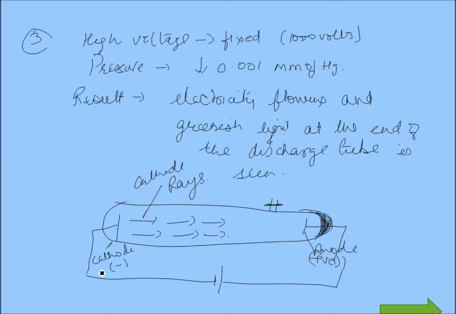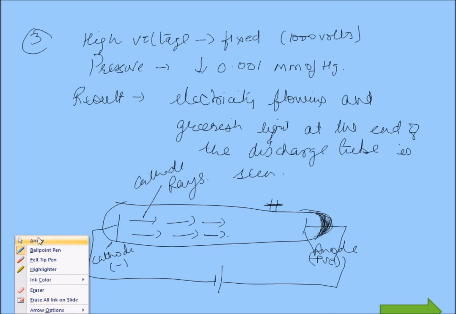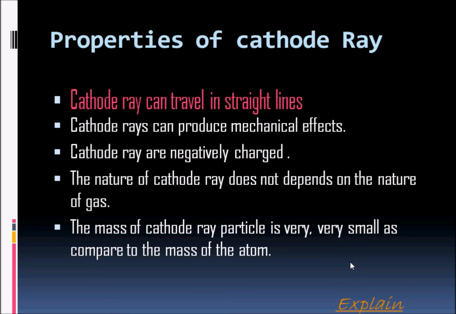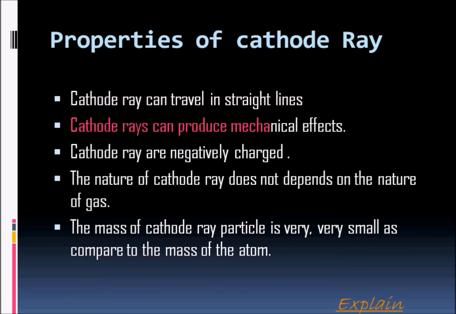So let's come to the properties of cathode rays. What are the properties of cathode rays? First, cathode rays travel in a straight line. Second, cathode rays can produce mechanical effects. Third, cathode rays are negatively charged.